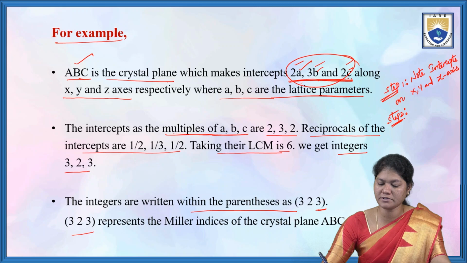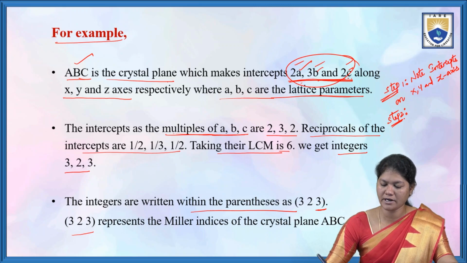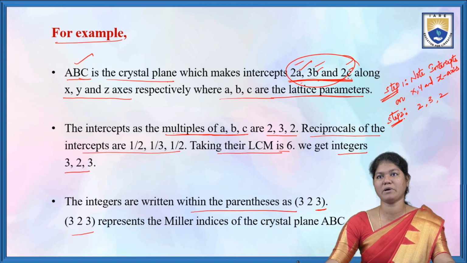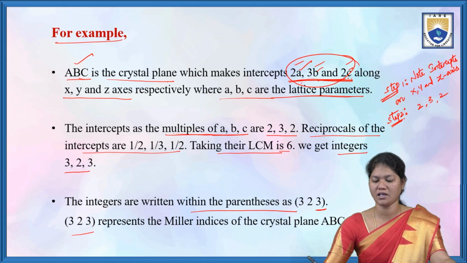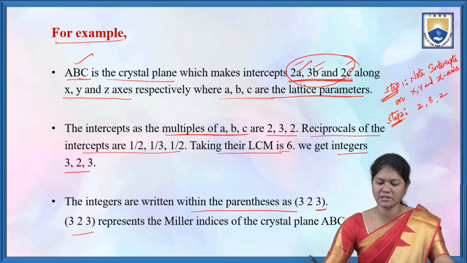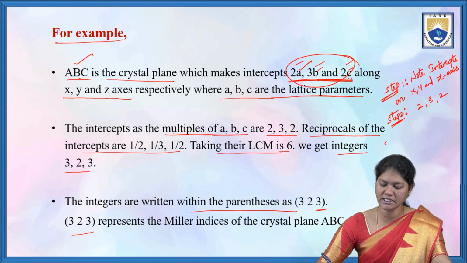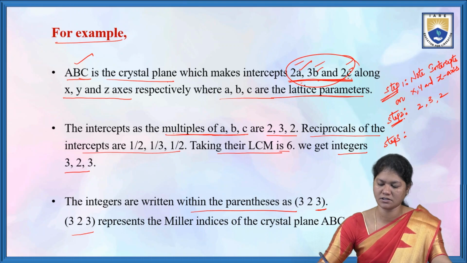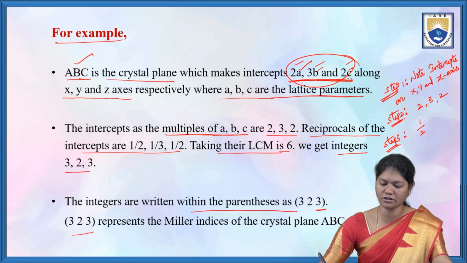The multiple of A is 2, multiple of B is 3, multiple of C is 2. Now in step 3, take the reciprocals: 1 by 2, 1 by 3, 1 by 2.